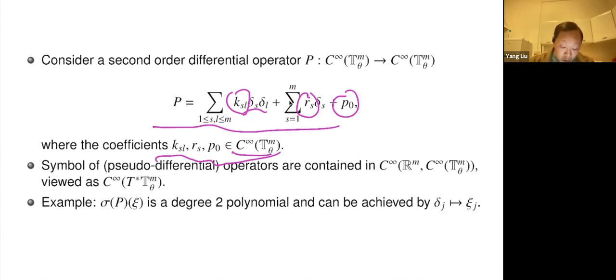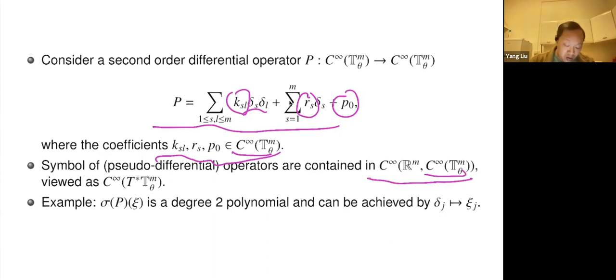To state my main results, I will need the notion of symbol of differential operators, or more generally pseudo-differential operators. All the symbols are contained in functions with values in the algebra of smooth non-commutative tori.